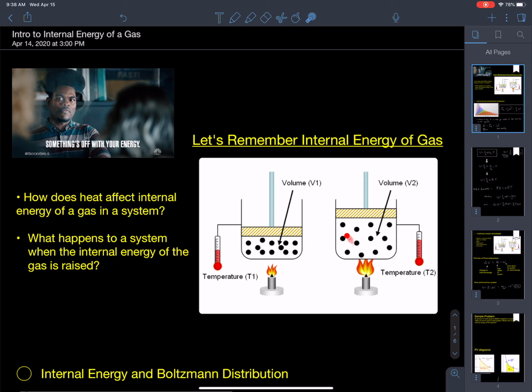We don't want that heat to just be heating up the gases. We want it to be doing work. So we want to trick the system into turning all that heat energy into useful work. And that's something that we'll be able to answer later on. So the questions that we're looking at right now are: how does heat affect internal energy of a gas in a system? And what happens to a system when the internal energy of the gas is raised? That's the main goal for this first part of the lesson.